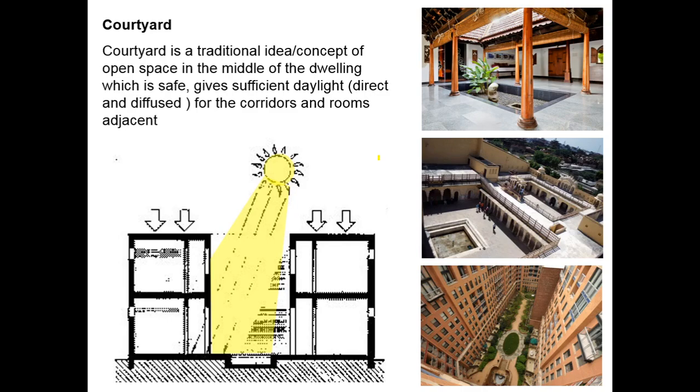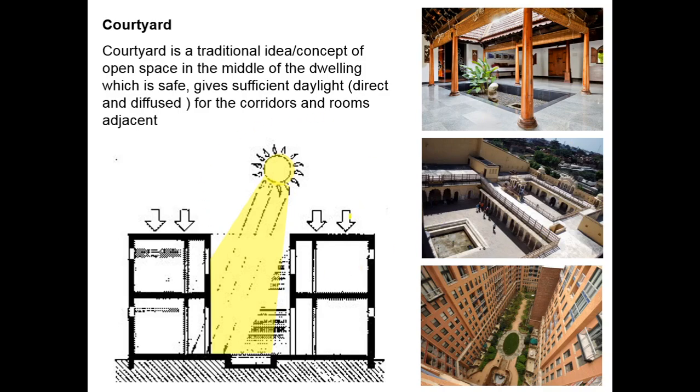Generally it was in the middle of the dwelling, then it came to palaces, etc., as a safe place where only the people inside the house or the family members would use it. It gives sufficient daylight, which can be direct or diffused, to the corridors and also to the rooms adjacent to the corridors, giving a diffused daylight to the rooms very adjacent to this.